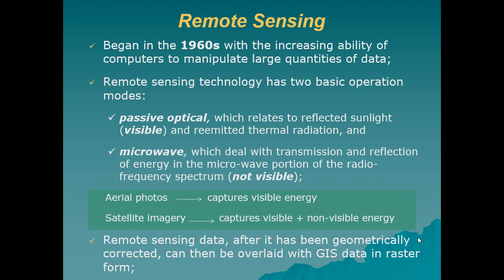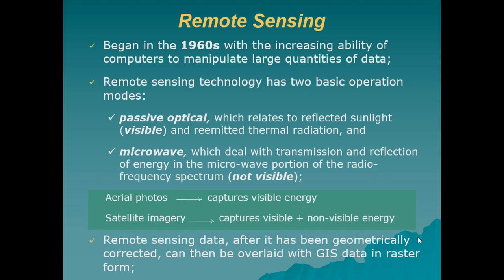Now this was a process of data collection that was used as far back as the 1960s. It was most commonly used by the US and Russian military for the purpose of reconnaissance work over enemy territory, the collection of information.